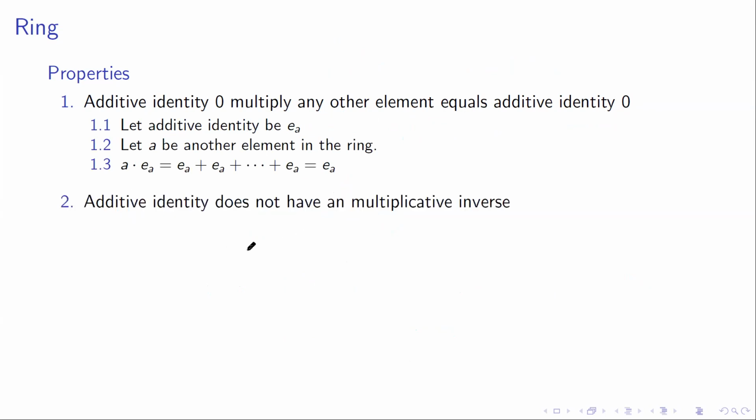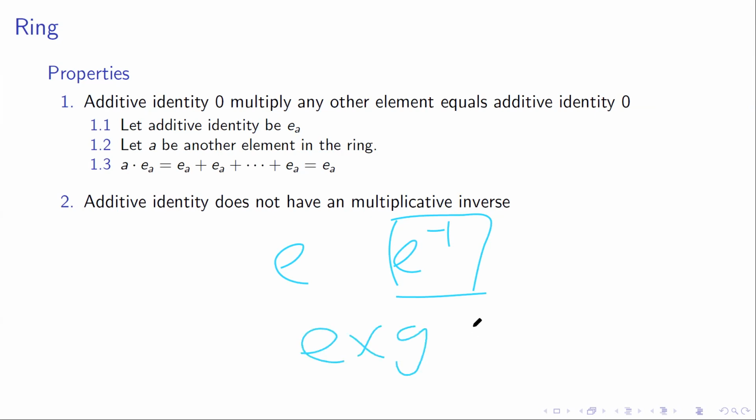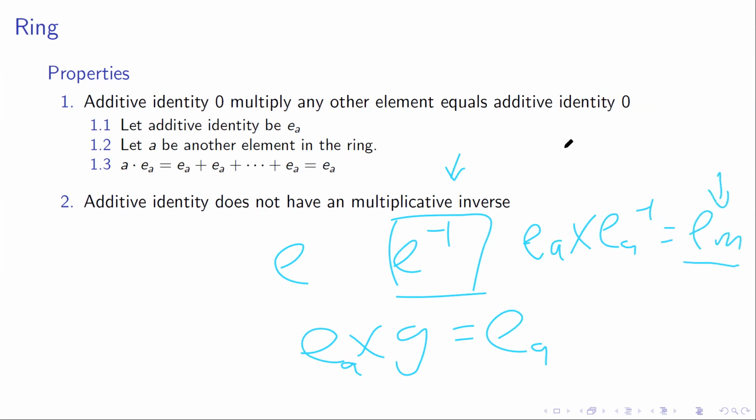And the additive identity does not have a multiplicative inverse. If I have an additive identity E_A, I want to prove that its inverse does not exist. How can I prove this? We just proved that E_A multiplied by any other element equals back to E_A. But a multiplicative inverse means E_A times E_A inverse equals E_M, the multiplicative identity, which is also denoted by 1.